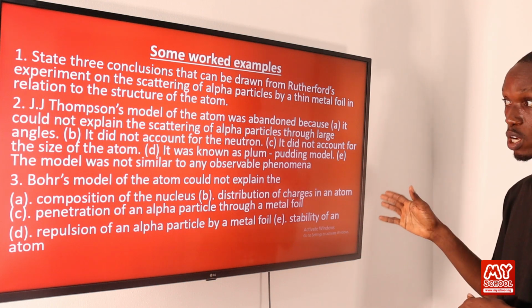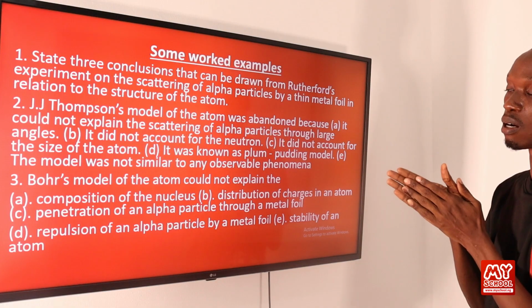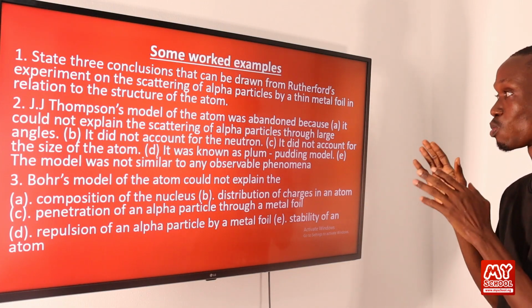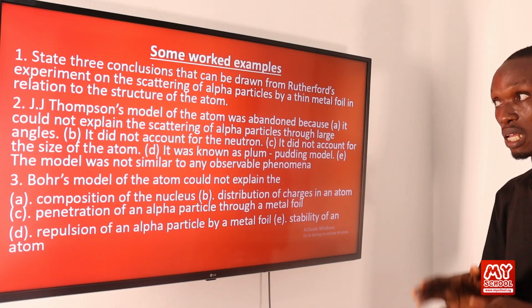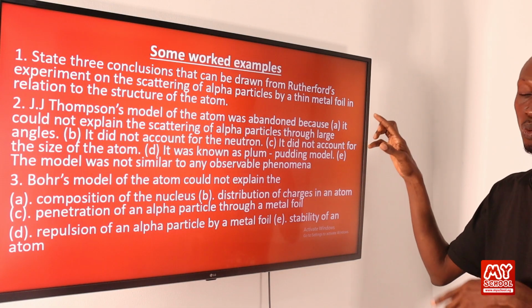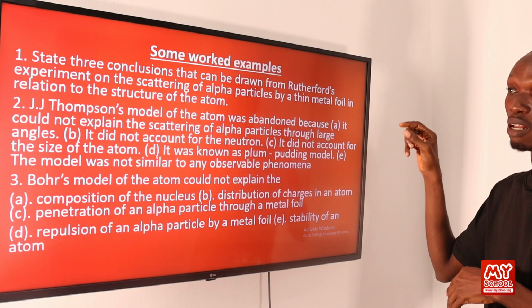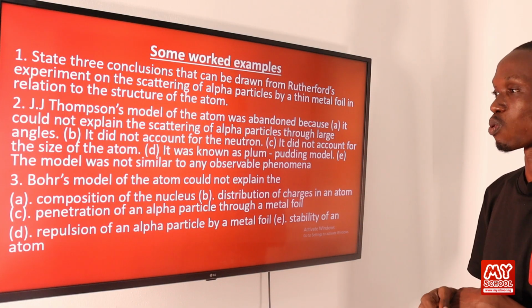So basically here we are being asked why J.J. Thomson's model was abandoned, right? So the answer to this question is A. He could not explain the scattering of alpha particles through large angles. I think that is one of the limitations of Thomson's model. Okay, so let's move to number 3.